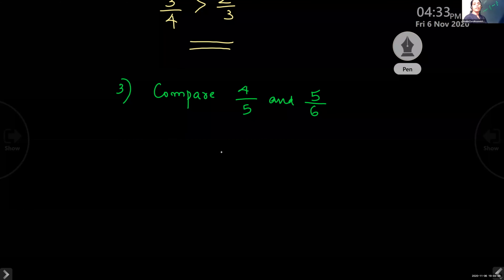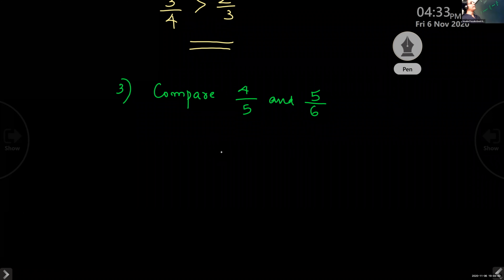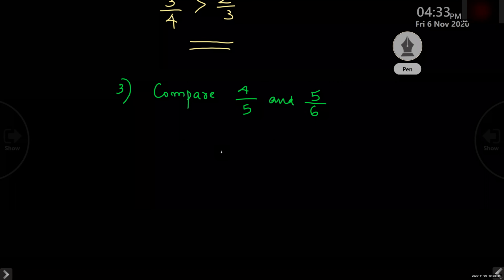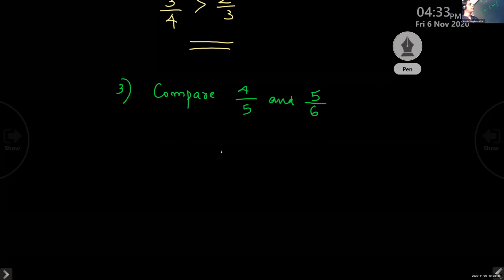That word we should not use here. It is the LCM method itself. Clear?